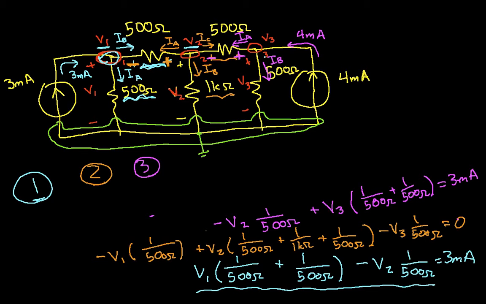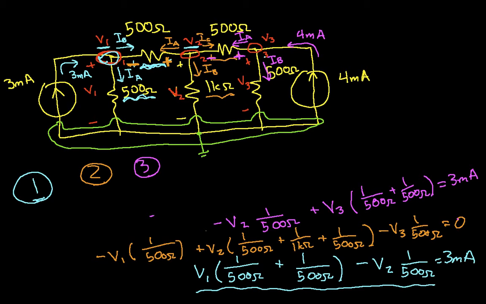So once you've had some practice, you can actually look at a circuit and just write down these equations that you need to solve in order to find V1, V2, and V3. Okay, so again, it's not very tidy, but I do have my 3 equations that I need to solve now.